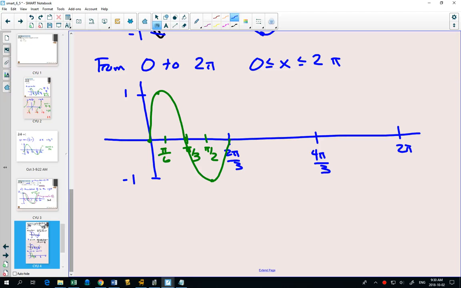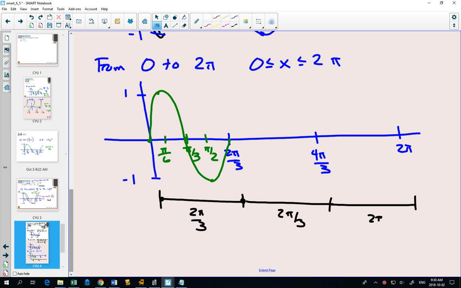And each of these distances are 2 pi over 3.